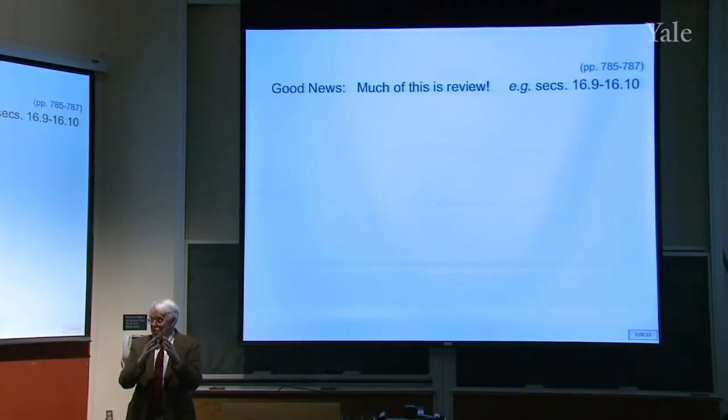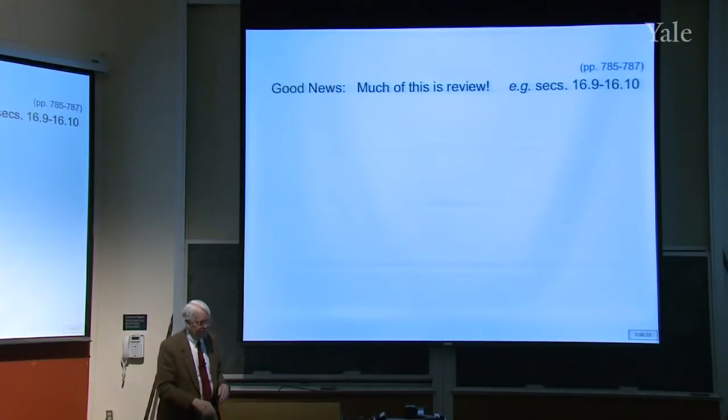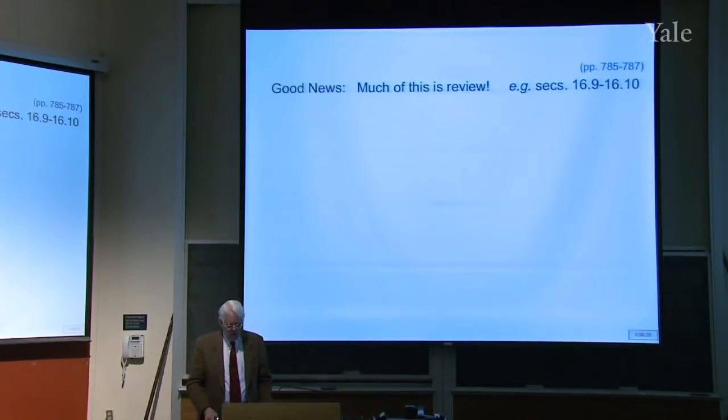It's just that it's an oxygen rather than a carbon that has the alpha hydrogen, right? So you can have that or on the carbon side. And the good news is very much of this is review. For example, if you look at pages 785 to 787, sections 16.9 to 16.10 in the Jones book, you'll find that it's an old favorite of ours.